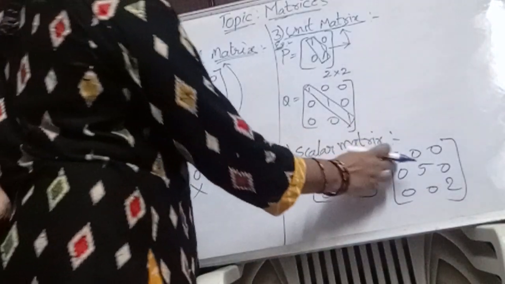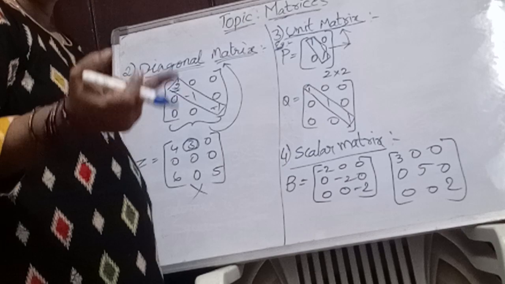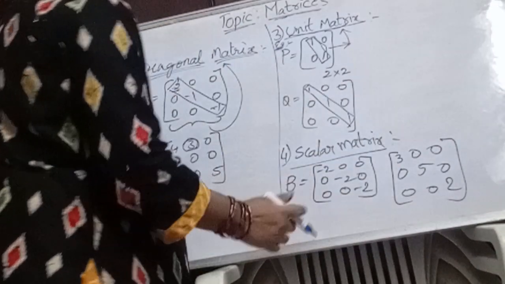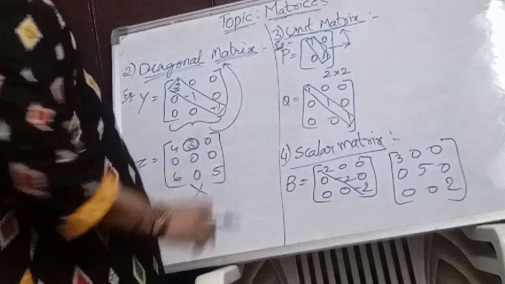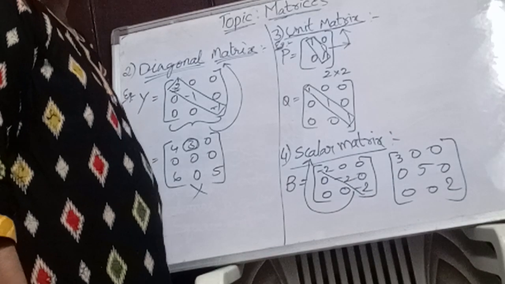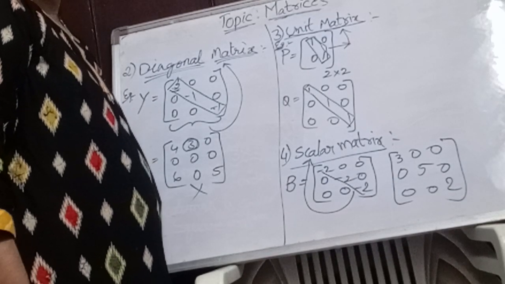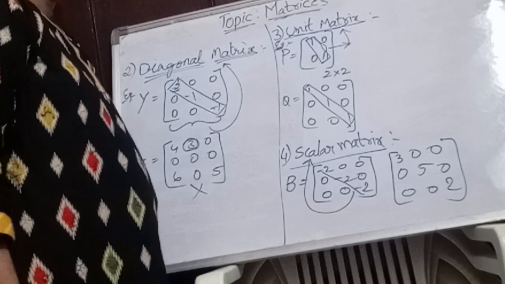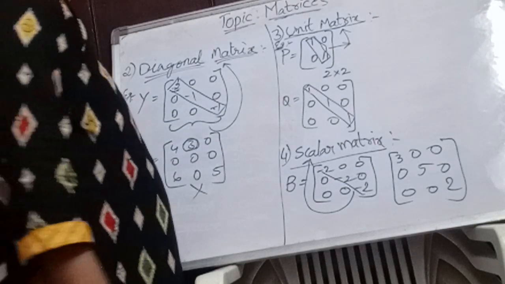For example, if I take a matrix like 3 0 0, 0 5 0, 0 0 2, the principal diagonal elements are non-zero but different numbers, so it is not a scalar matrix. When all the principal diagonal elements are the same, we call that matrix a scalar matrix.